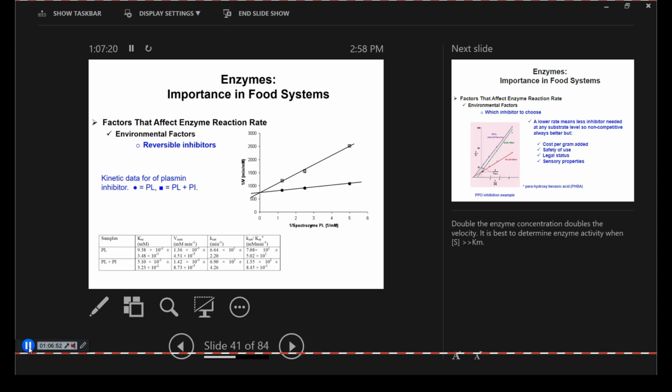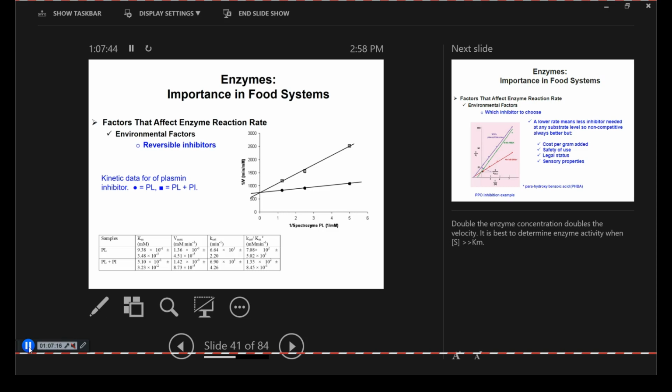So we were looking at ways to inhibit plasmin, or not inhibit it, depending on the application. We wanted to understand the plasmin inhibitor activity present in that milk. Is it competitive? Is it non-competitive? We extracted pure plasmin and pure plasmin inhibitor from milk, and ran the enzyme assay with and without the inhibitor.